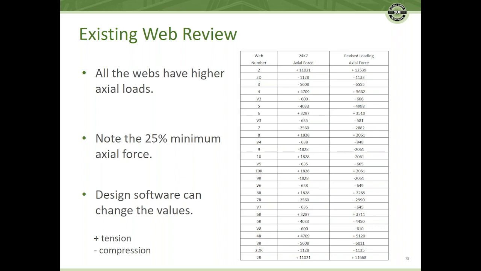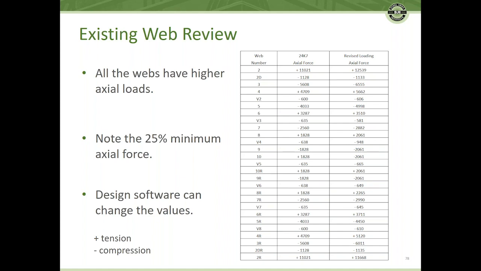One thing that the specification does require is that all webs have a 25% minimum axial force of the end reaction, and so some of those webs in the middle of the joist, where the shear approaches 0, will have more force in them than what the shear diagram shows.